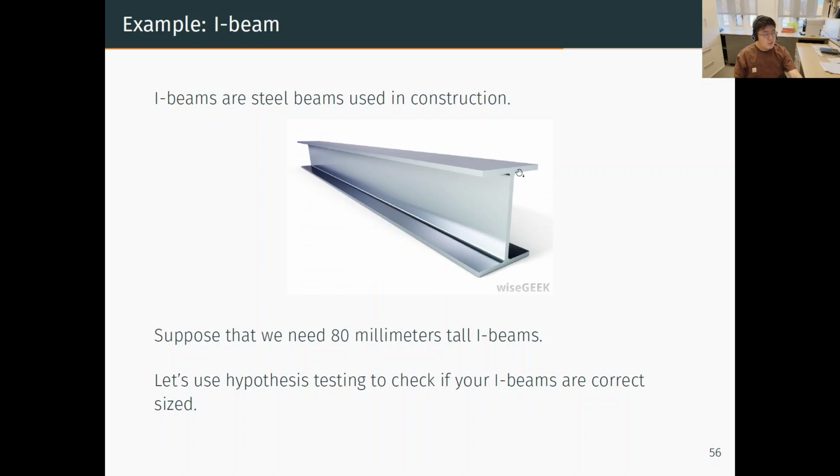The point here is the height of this I shape must be 80 millimeters. That is the standard. As you can imagine, if it's not the correct size, then the safety of the construction could be in danger. So we have to make sure the I-beams are the correct size. We are going to use that as our example here.